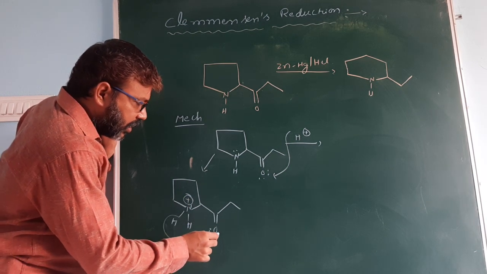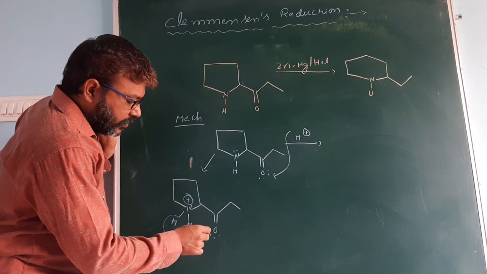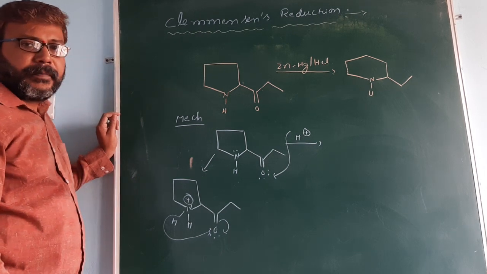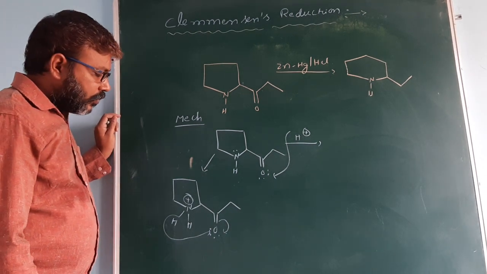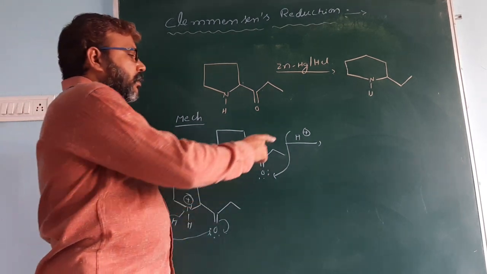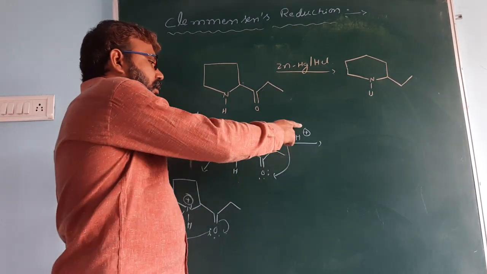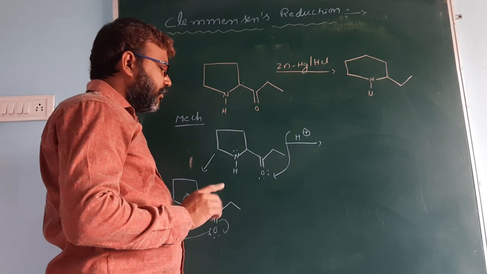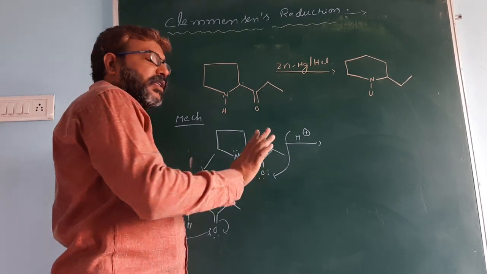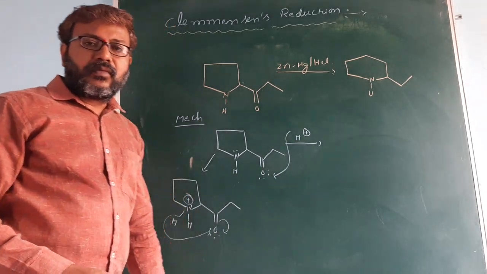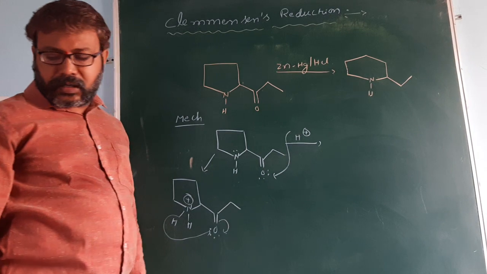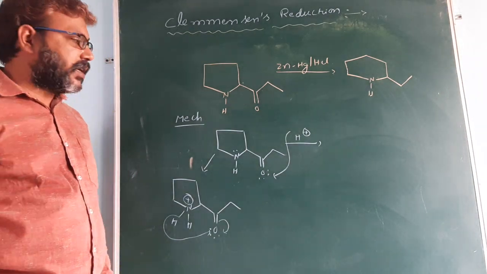Now this H plus ion attacks on oxygen. When this H plus attacks on oxygen, this lone pair of electrons shifted to here. So there are two possibilities: maybe H plus attacks on nitrogen or H plus attacks on oxygen. When H plus attacks on nitrogen, it further donates the H plus ion, which means the concentration of H plus ion does not decrease in this reaction.